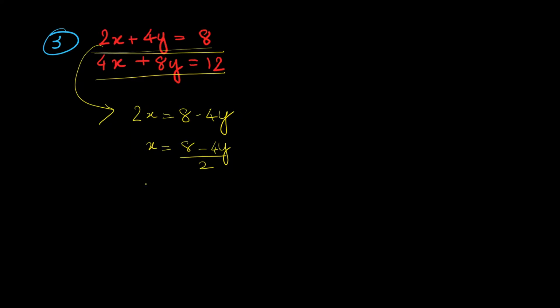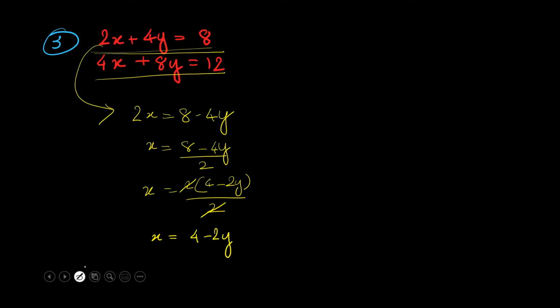To simplify this, we'll take 2 common out of here. I'm going to get 4 minus 2y by 2.